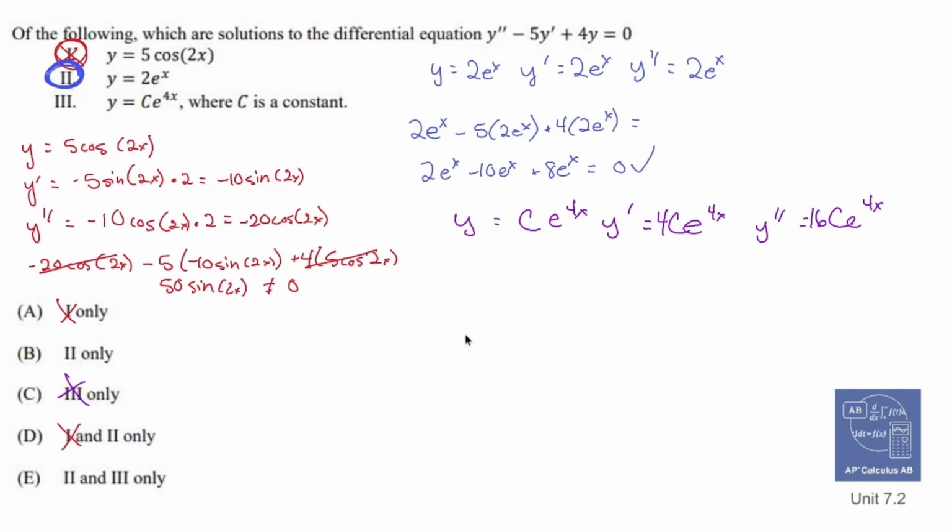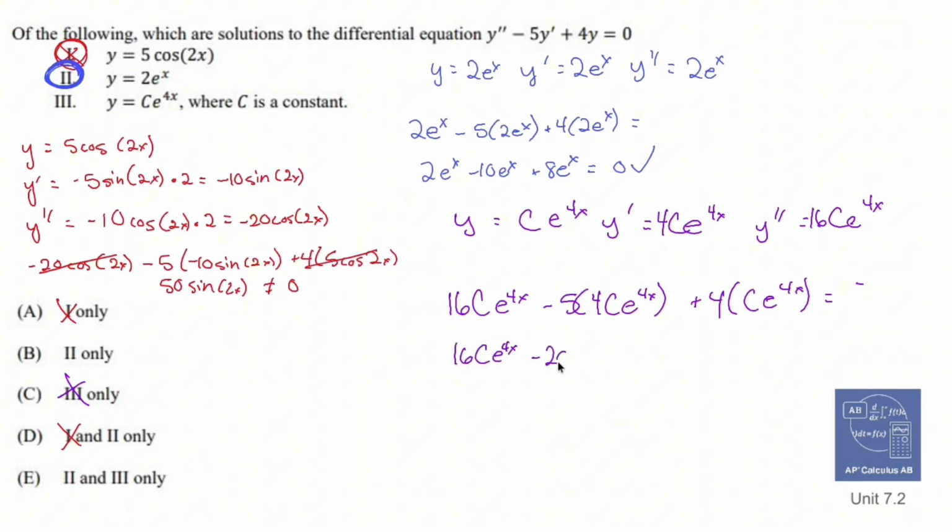All right, so let's try this out one more time. Y double prime is 16c e to the 4x, minus 5 times y single prime, which is 4c e to the 4x, plus 4 times regular y, so 4 times c e to the 4x, and my job is to get 0. 16c e to the 4x minus 20c e to the 4x plus 4c e to the 4x. 16 minus 20 is negative 4 plus 4 is 0, equals 0.